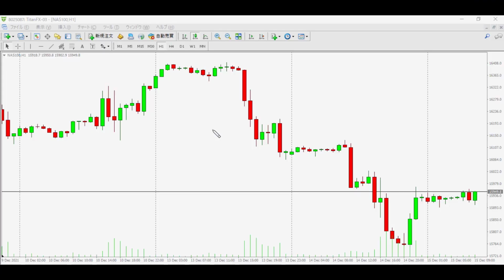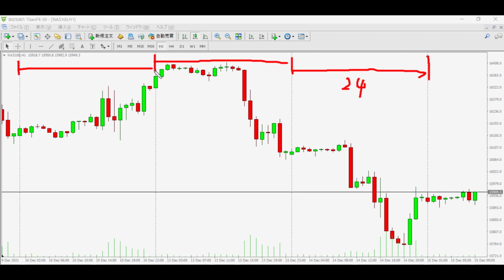This is the Nasdaq 1 hour chart. For example, this vertical line, 24 candlesticks, the same, and the same, and Asian time, Europe time here, and American time.